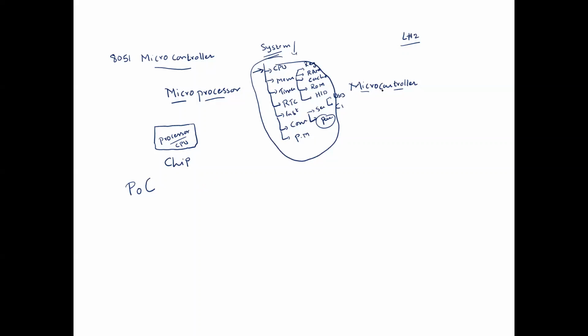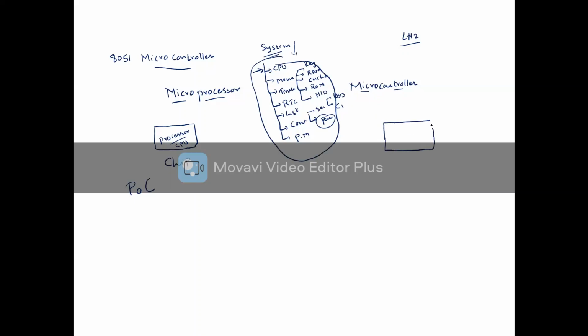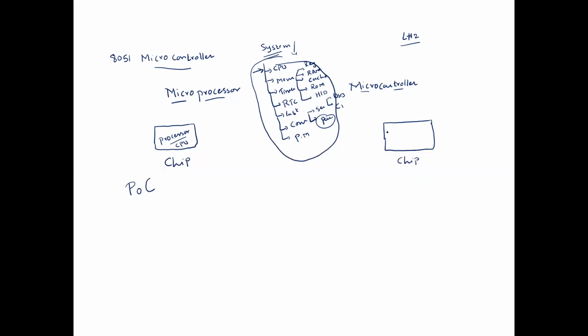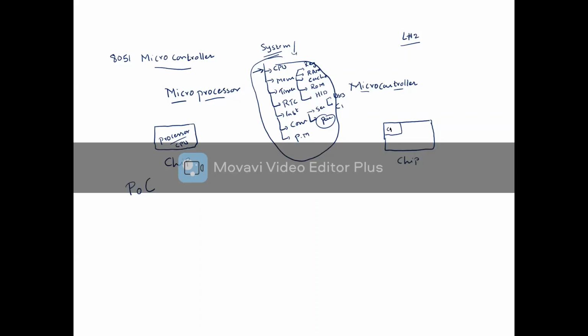Now, if you look at the microcontroller, when we are manufacturing the microcontroller chip, again this is a chip. Inside this chip, we are making a small system. How to make a small system? If I want to make this chip a small system itself, then I need to include the CPU. Processor is a must. Then I need to include RAM, right?